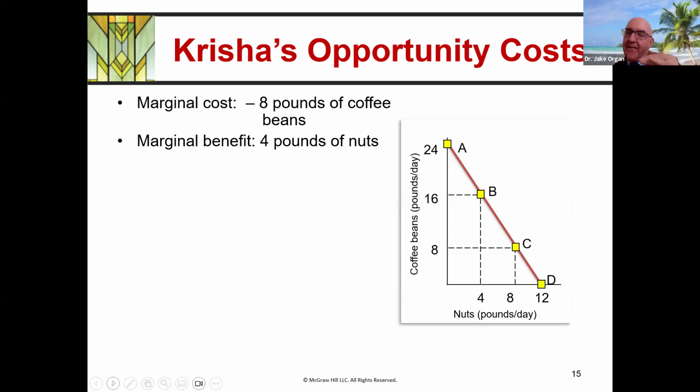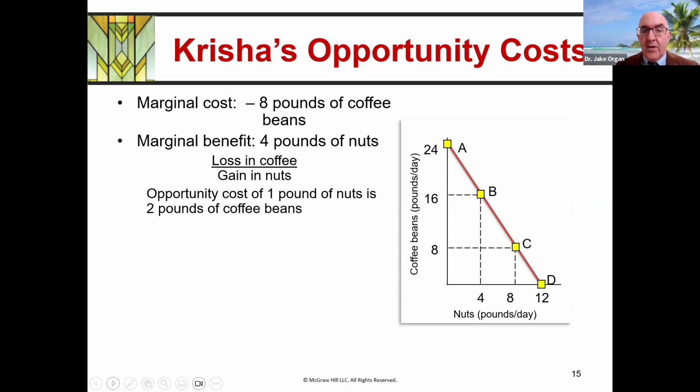And so the marginal benefit is 4 pounds of nuts. The marginal cost is 8 pounds of coffee beans. Or we can think the opportunity cost of 1 pound of nuts is 2 pounds of coffee beans.